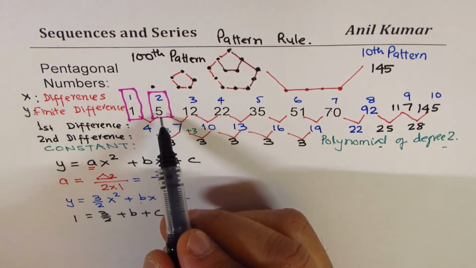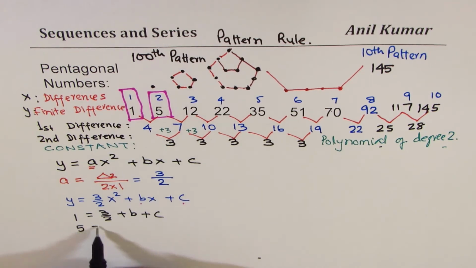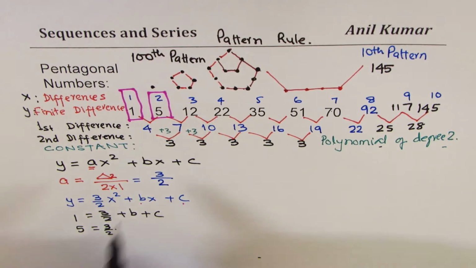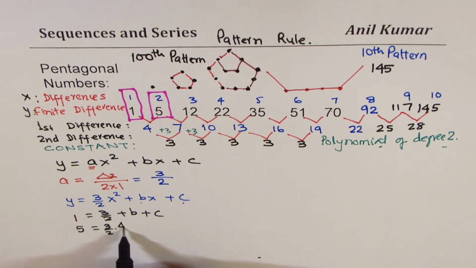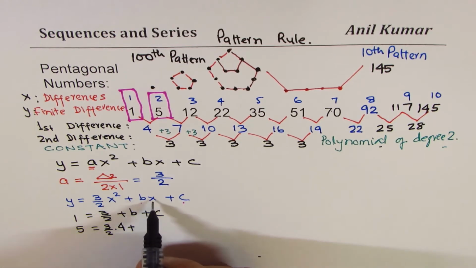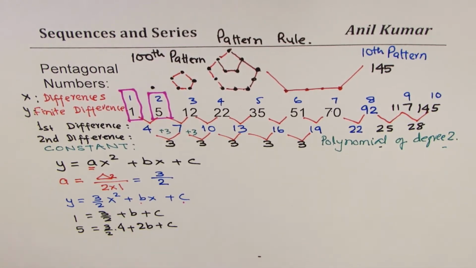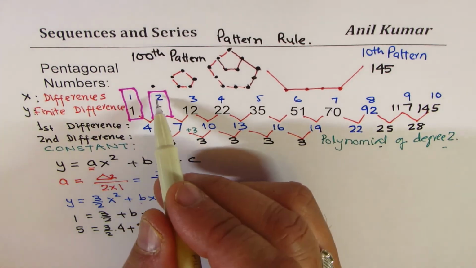Now if I put 2 and 5, that is 2 for x and 5 for y, I get 5 equals 3 over 2 times 2 squared, which is 4, plus b times 2, that means 2b, plus the constant c. Is it okay? So we get 2 equations by placing the numbers 1, 1 and 2, 5.